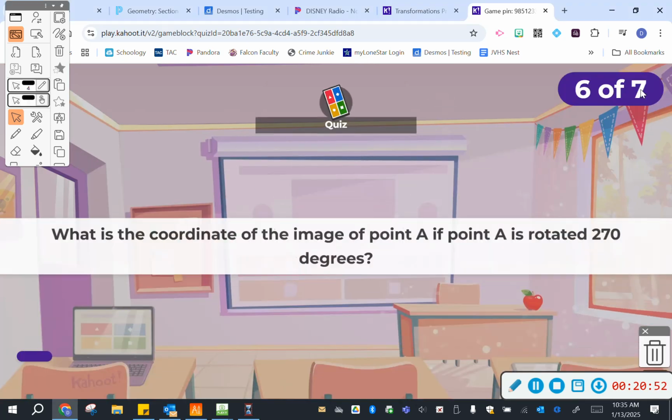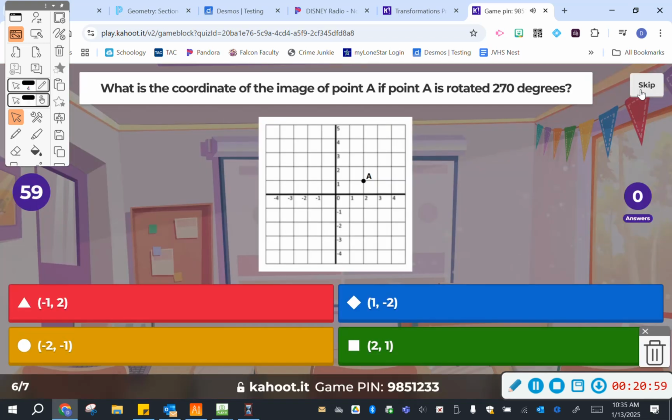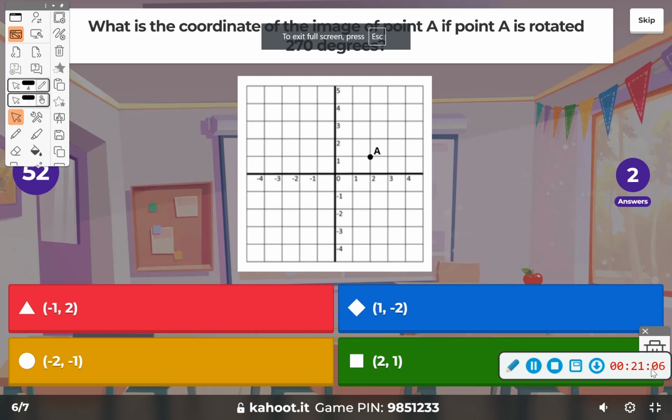Okay. All right, this one's a tricky one. I'm going to see what y'all got. What is the coordinate of A if it's rotated 270 degrees? A hint: what quadrant would you be in if you rotated 270?